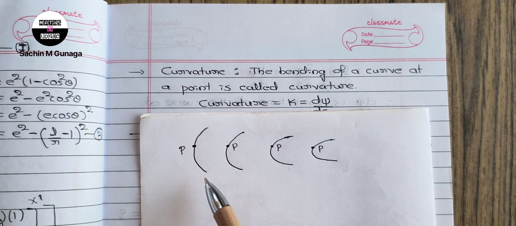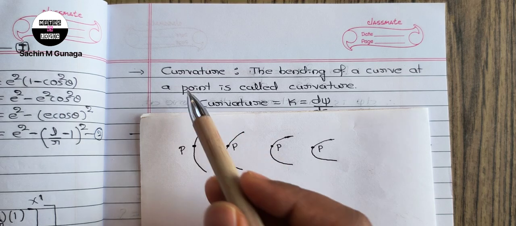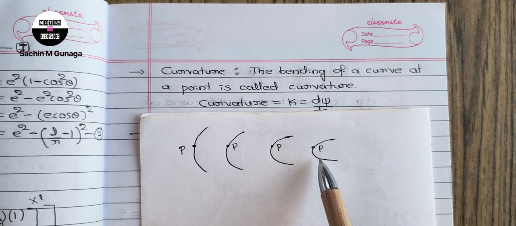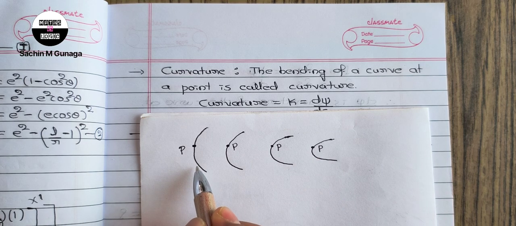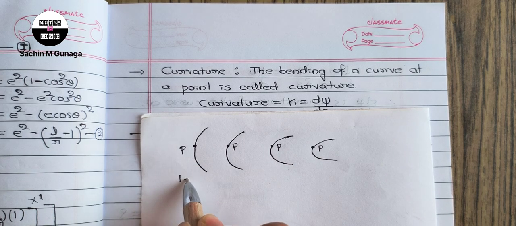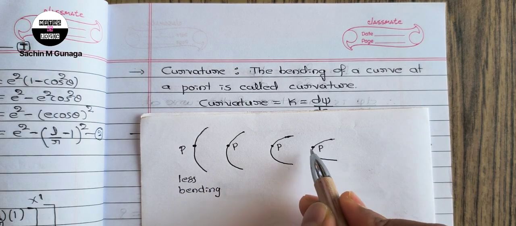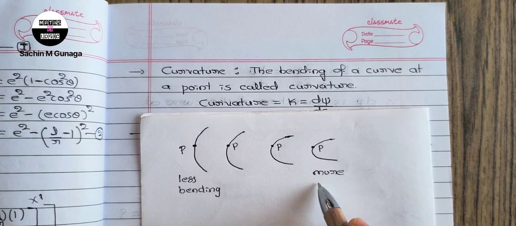See, now curvature means how much the given curve is bending at a point P. That is what we call curvature. If we observe these curves carefully and compare the first curve with the last one, the first curve has less bending and the last curve has more bending.